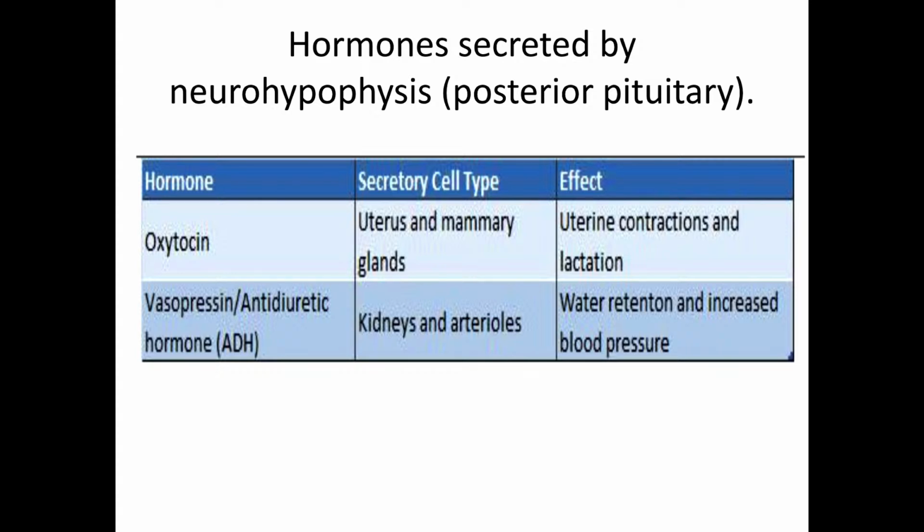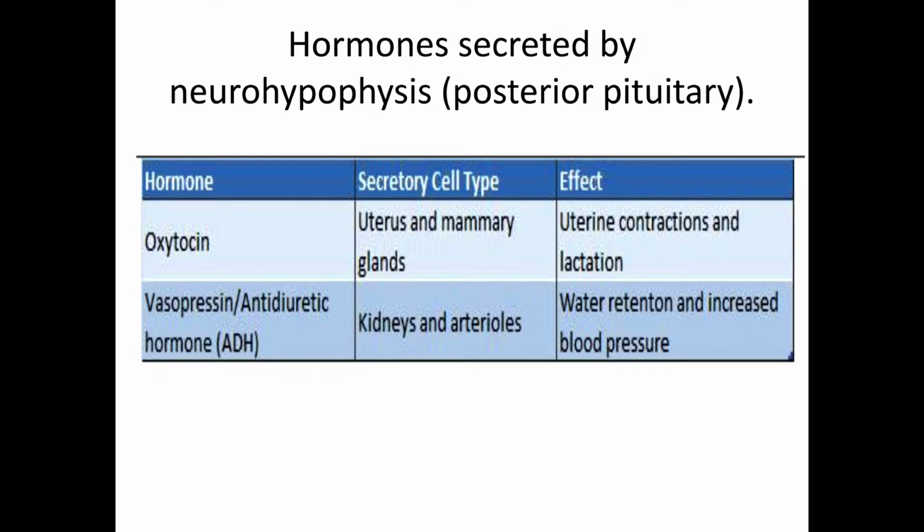So oxytocin is released from the supraoptic and paraventricular nuclei, comes to the neurohypophysis, and through it goes to the uterus and mammary gland, causing contractions of the uterus during labor. We will discuss prolactin also.